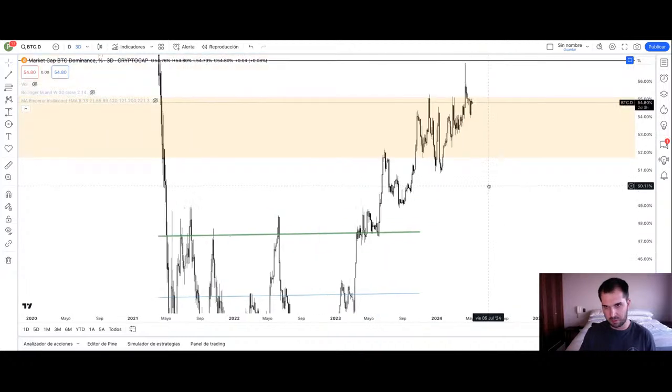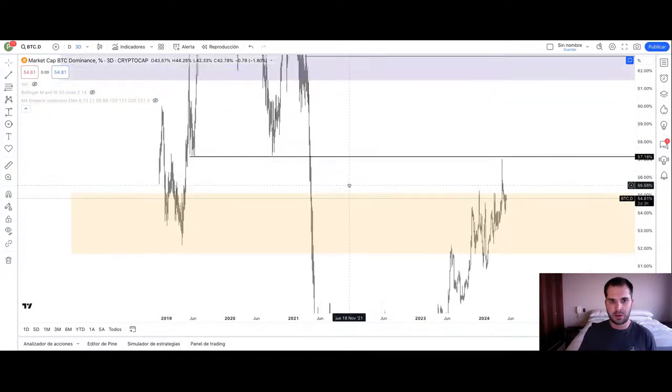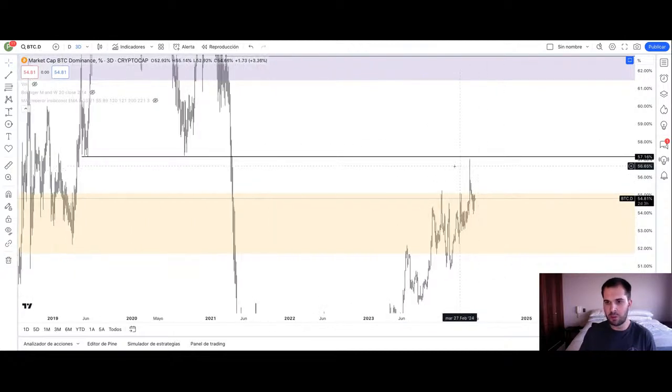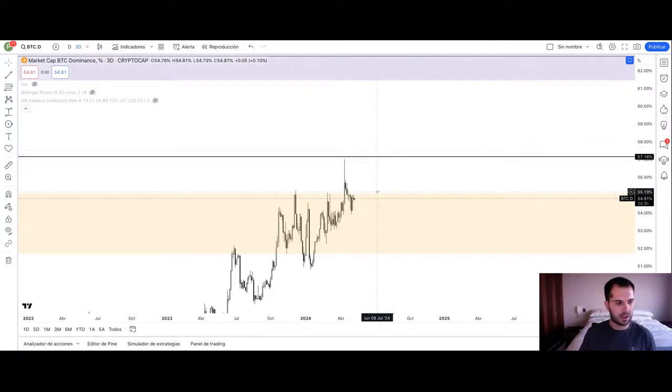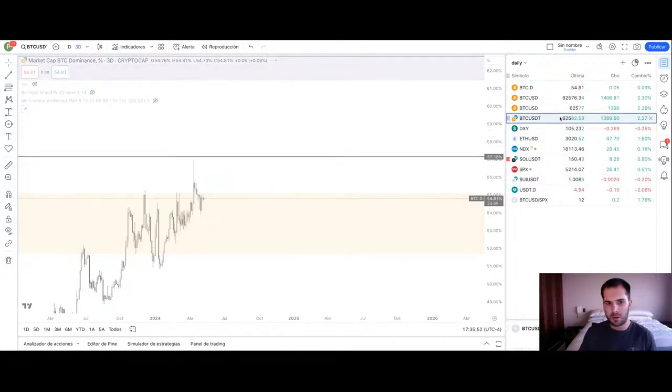It's been grinding upwards. So it's nice to see a buyer's exhaustion near a critical level, which is the 57%, 56%, which we almost reached on that squeeze higher that we had when all the altcoins crashed. So an interesting find on the Bitcoin dominance.